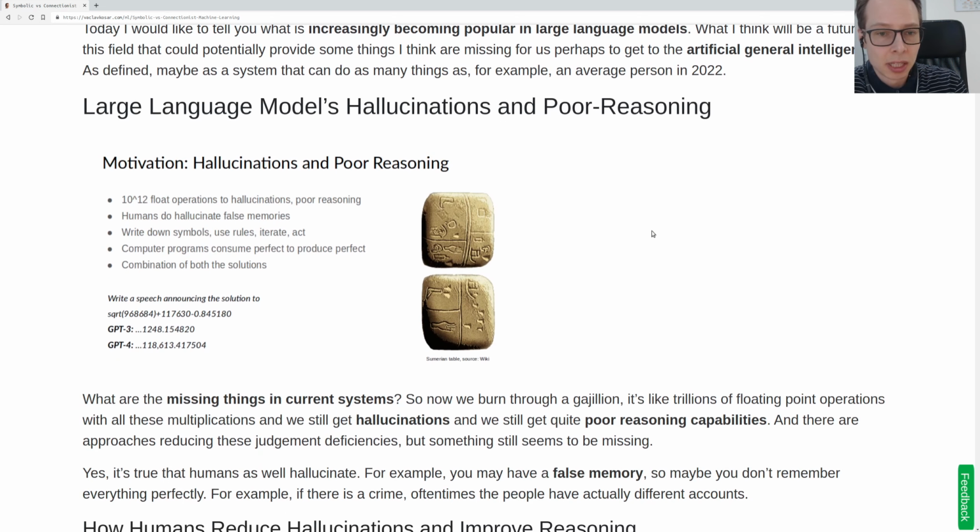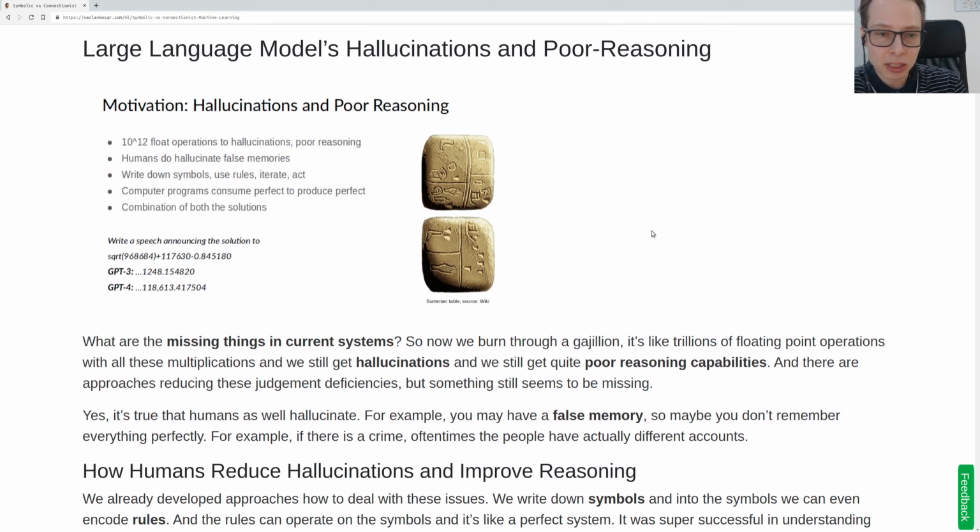So, okay. Large language models perform trillions of calculations and they still produce hallucinations and poor reasoning. GPT-4 reduced this issue with reinforcement learning from human feedback, but the issue is still there. While people also have hallucinations.